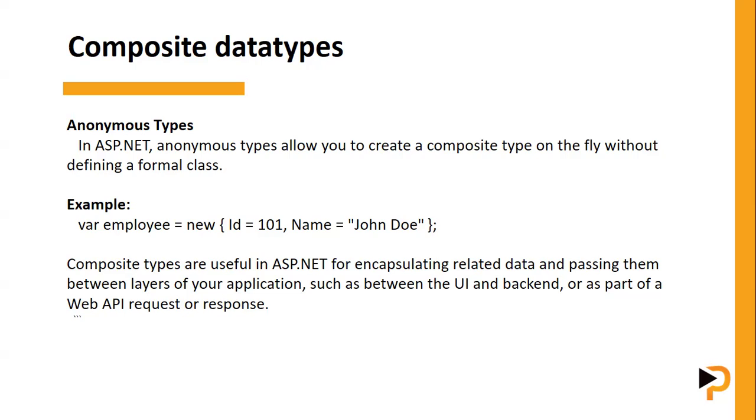We have different components and layers in our applications: a controller, some model classes, middlewares, filters, DTO classes, and APIs. We transfer data from layer to layer, and because of the composite data type, it is a little bit easier for us.